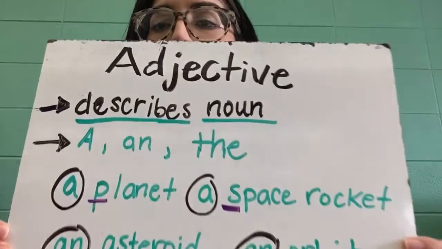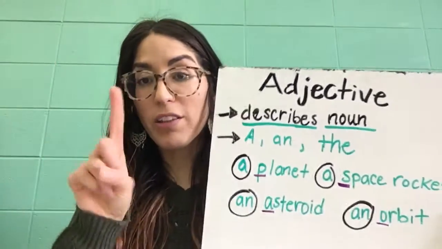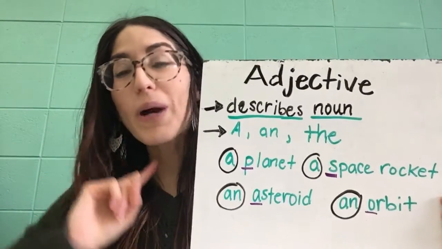So lesson 131, page 148. Now look closely. Whenever we have a look closely, you guys know that is a new concept we are learning, okay? Look closely says, an adjective is a word that describes a noun. That's the first thing adjectives do. They describe nouns.